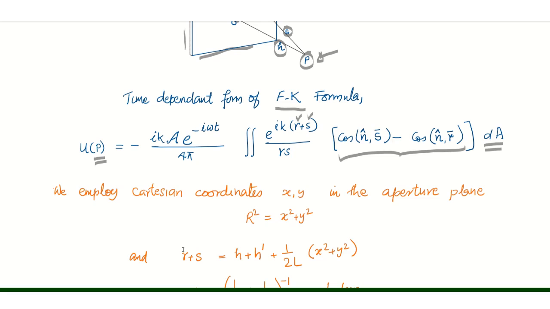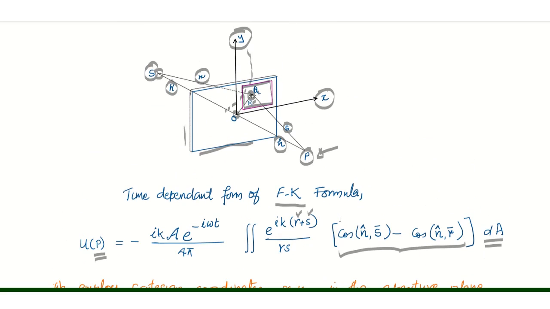All we had to do is to adapt this Fresnel-Kirchhoff formula to our situation, that is a spherical wavefront falling on a rectangular aperture, and we want to see the intensity pattern if you place a screen at this point here.